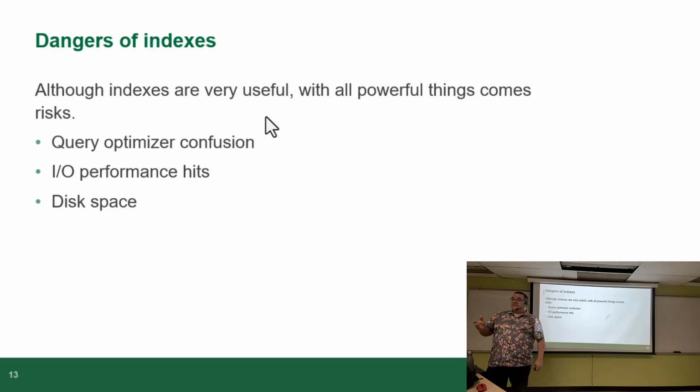There's IO performance. So this is one of the biggest risks of indexes. Every index you create on a table involves more disk activity. So that's what I mean by IO. So we're going to insert a new row in a table. Primary key gets indexed. So you're going to write the row of data, then it's going to update the index.